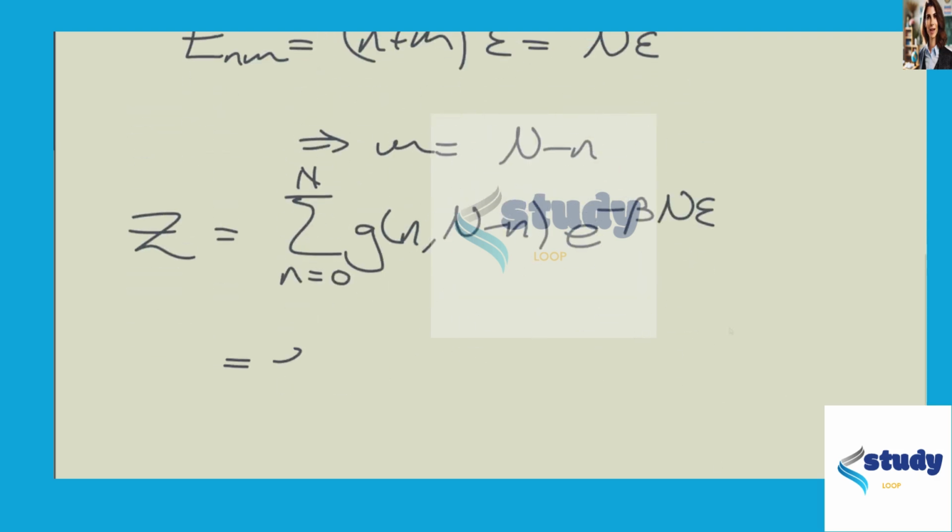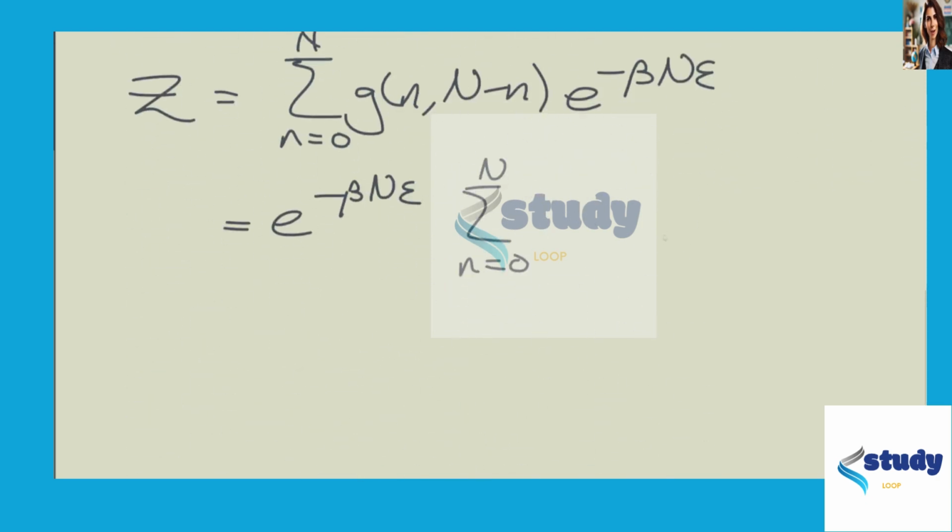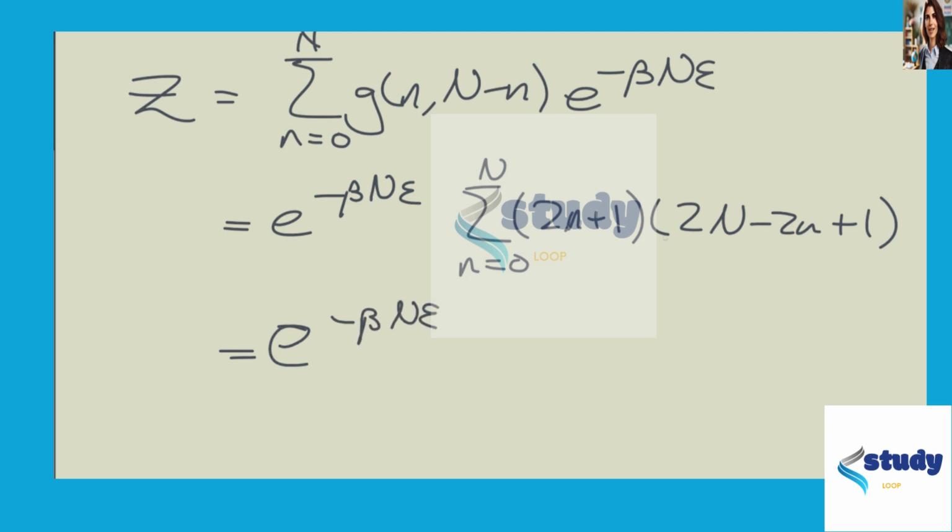So what we actually have here is e to the minus beta N epsilon times the sum from n equals 0 to big N of this particular degeneracy, which is 2n plus 1 times 2N minus 2 little n plus 1. So let's break this sum down.